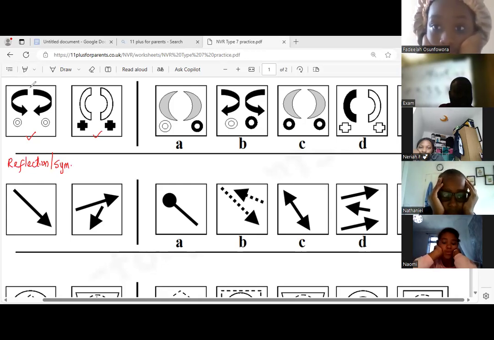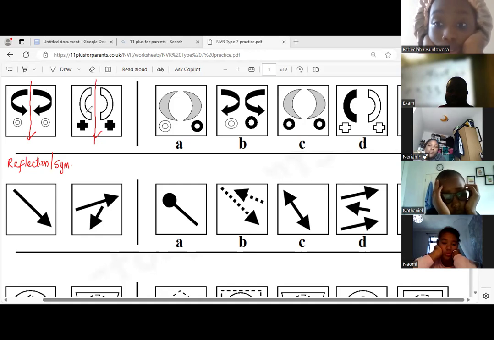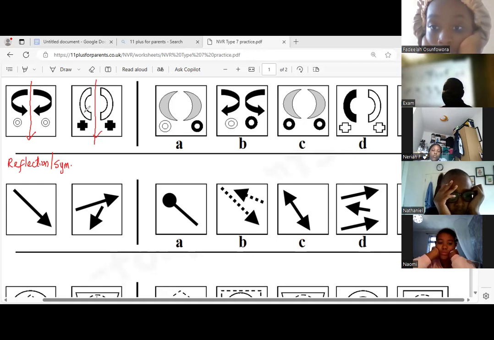Why? Because if you look at the one we have on the left, it is a reflection, a mirror of the one we have on the right. Yes or no, guys? Do you have a question? Good.